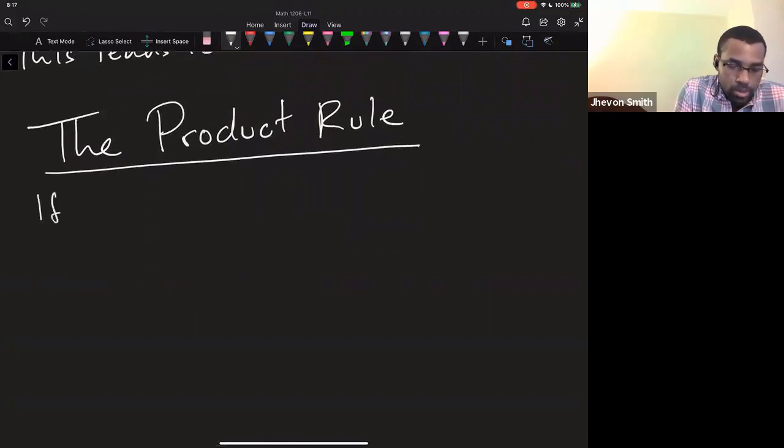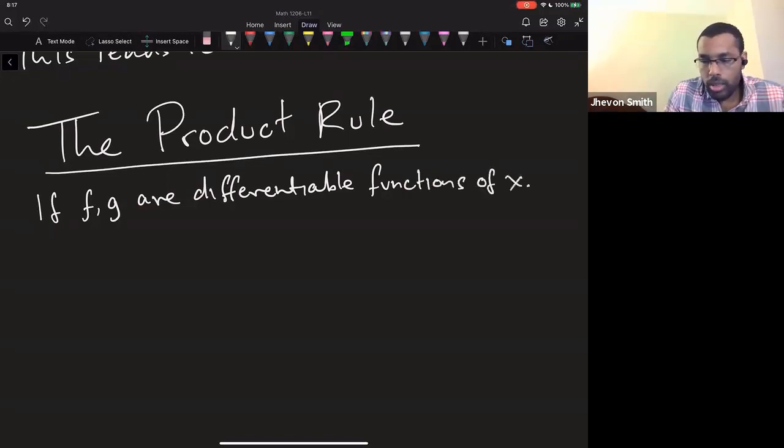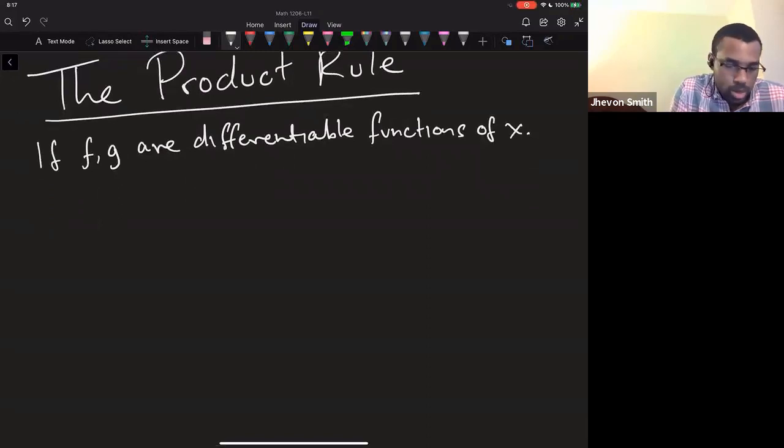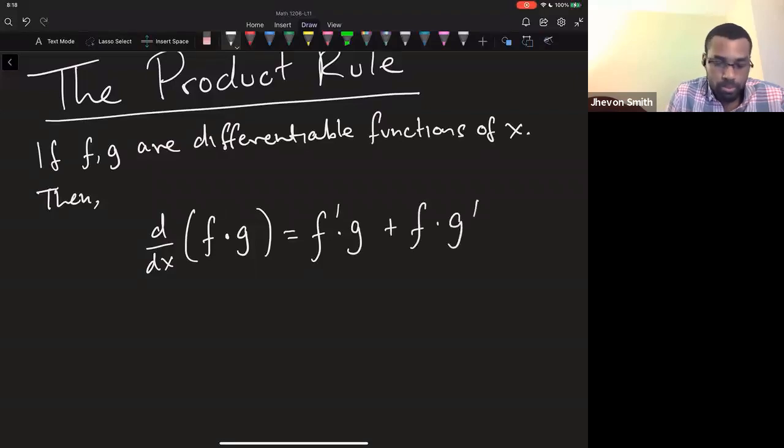So basically, if f, g are differentiable functions of x, then the derivative of the product f times g, well, that's just going to be f prime times g plus f times g prime.